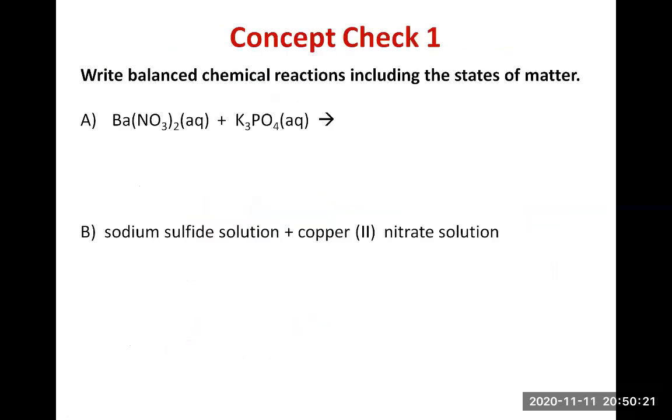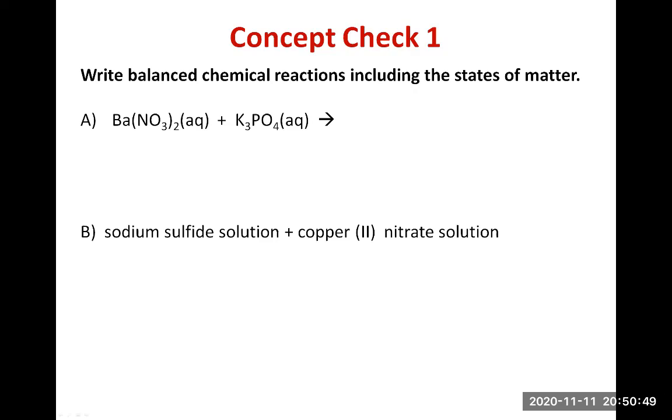So let's do a concept check, and let's start with the first one. Write balanced chemical equations including the state of matter. So we have Ba(NO3)2, an aqueous solution, and then K3PO4, another aqueous solution, being mixed together. So let's retrieve the ions that are making up these two compounds.